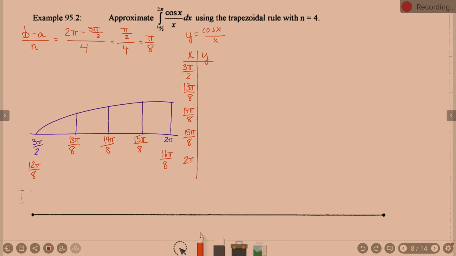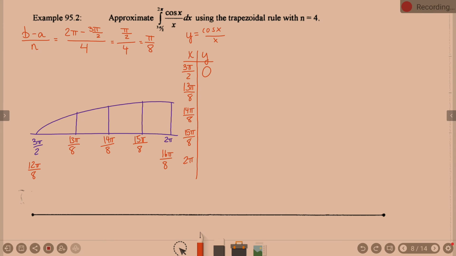Oh, 0. It's 0, isn't it? And 0 divided by anything is going to be 0. Now, these others, do you know the cosine of 13 pi over 8? None of the tops. And are we supposed to know it? No. So what do you have to do with the rest of these? Yes, calculator. We would trace each one, put in our numbers.